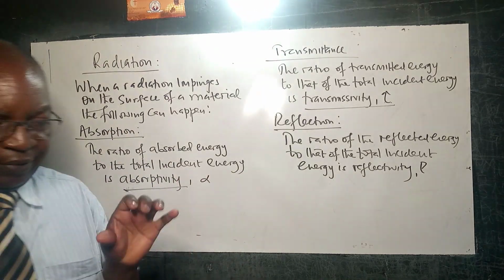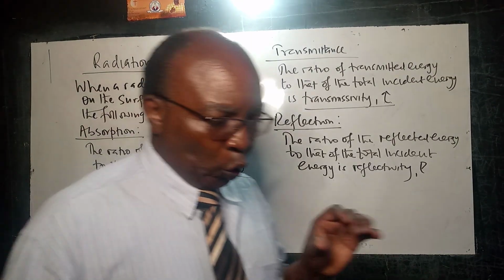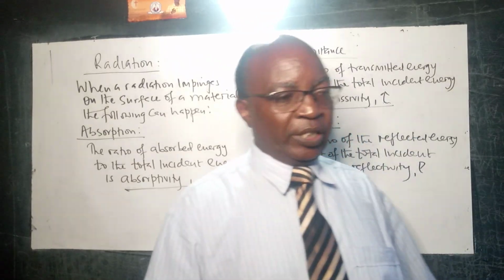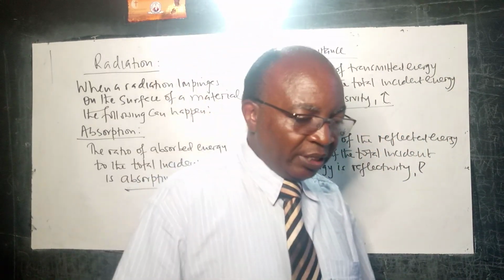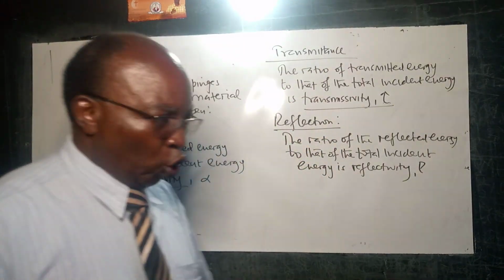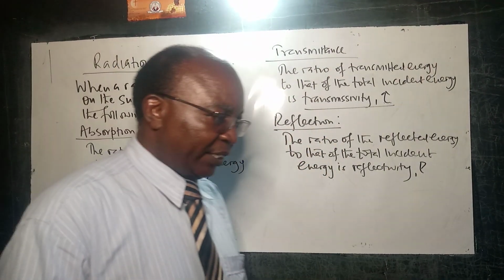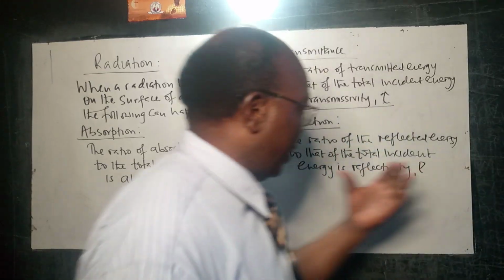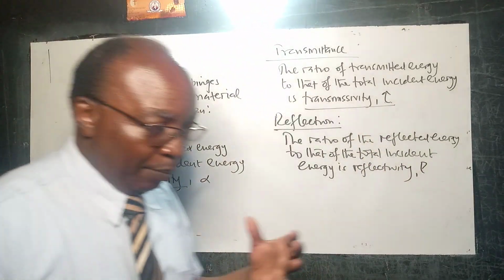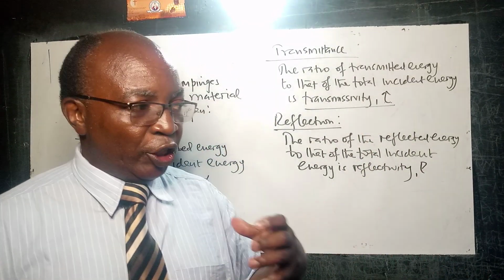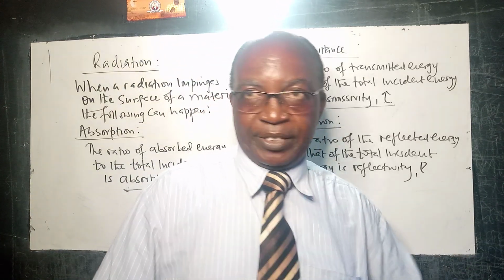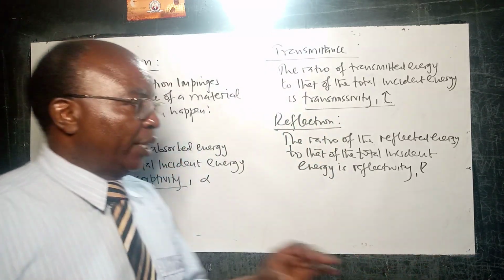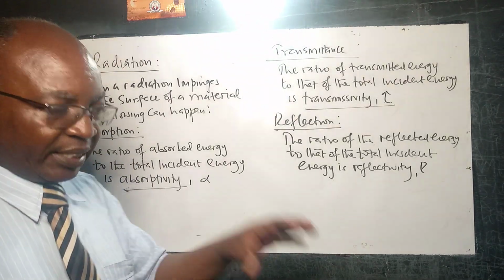So that ratio of reflected energy to the total incident energy, in that case, will be reflectivity. And so it is very important to take note of these particular processes which can take place when the radiation interacts with the surface.